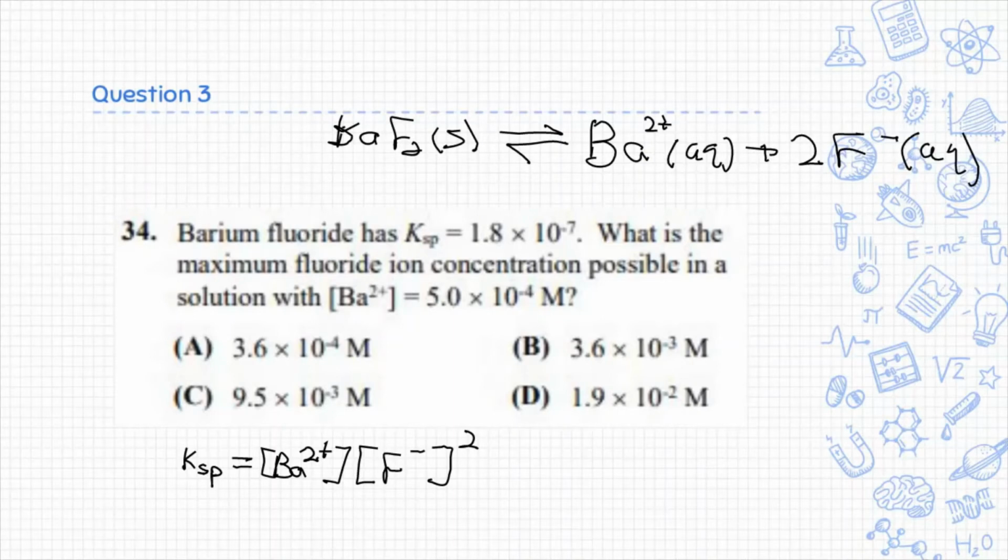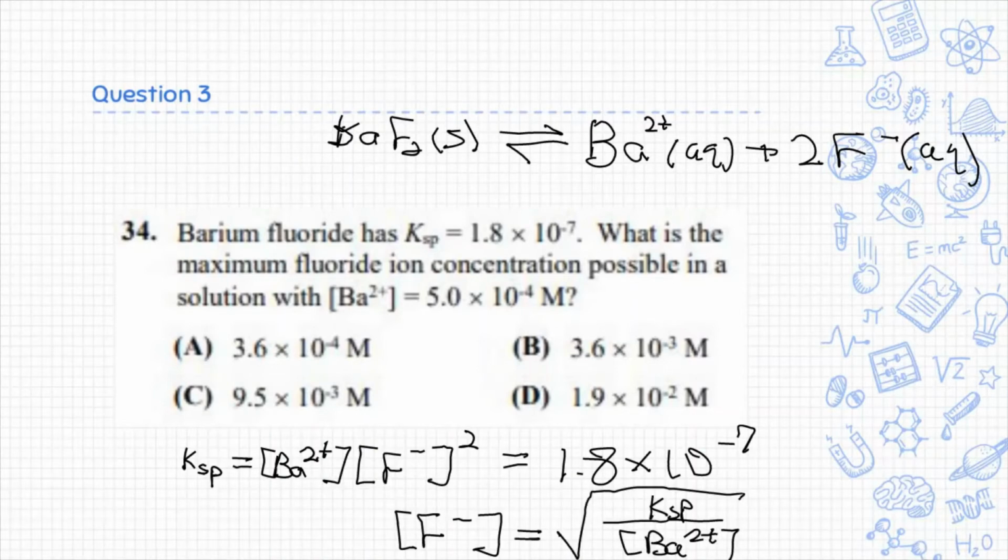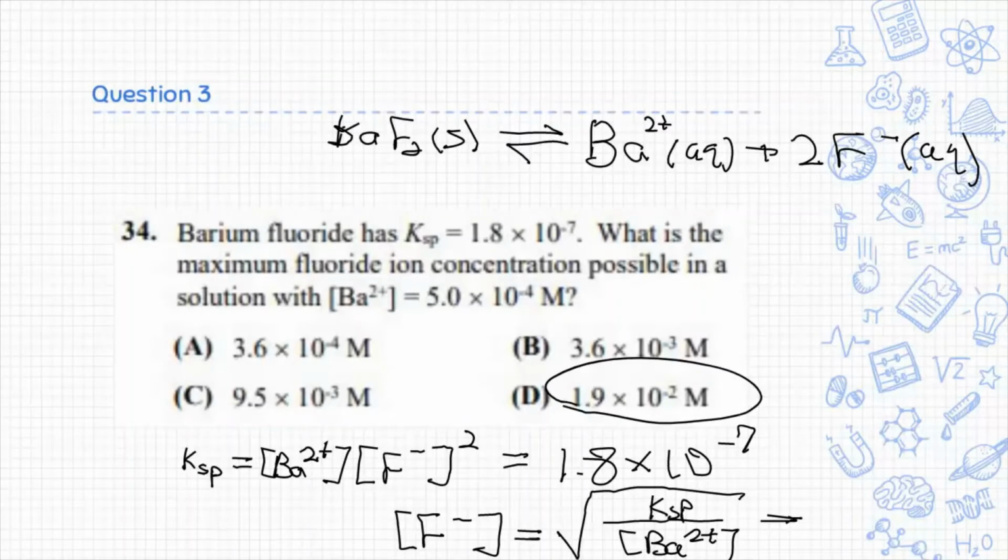And this is equal to 1.8 times 10 to the negative 7th. Now, if we rearrange this, we get that the fluoride ion concentration equals the Ksp over the barium concentration, and then square root that, which gives you 1.9 times 10 to the negative second moles. Any questions?